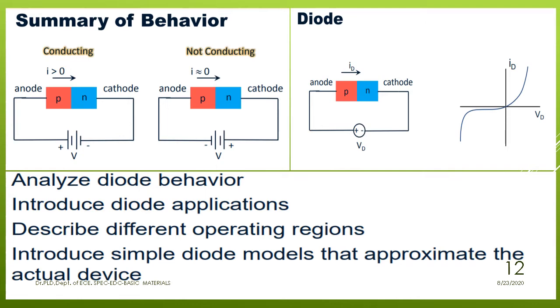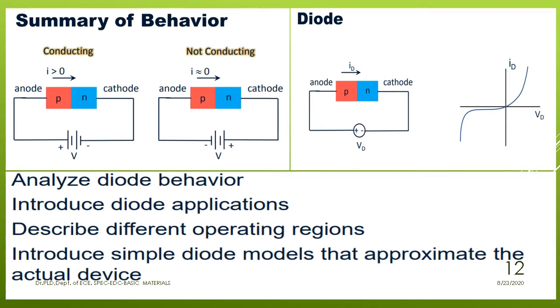It has some negligible current due to minority charge carriers. That is a very small amount of current, so we can consider I approximately equal to 0.